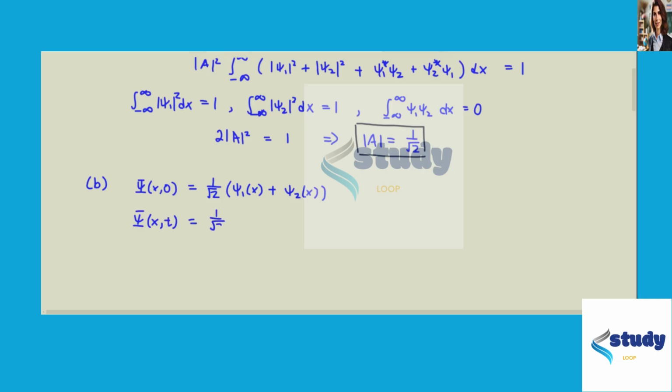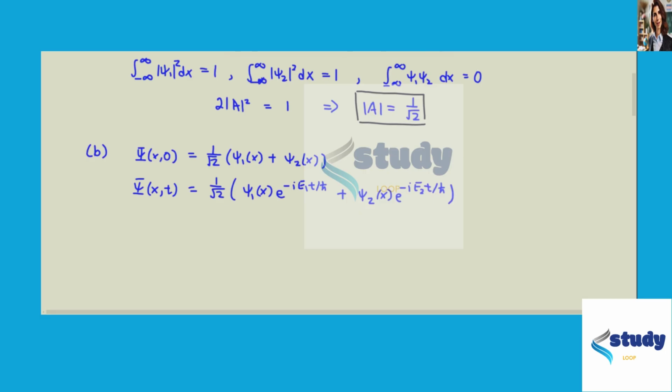What we need to do is attach the phase factor e to the negative i E1 t over h bar to the first term, and for psi 2 it will be e to the negative i E2 t over h bar.